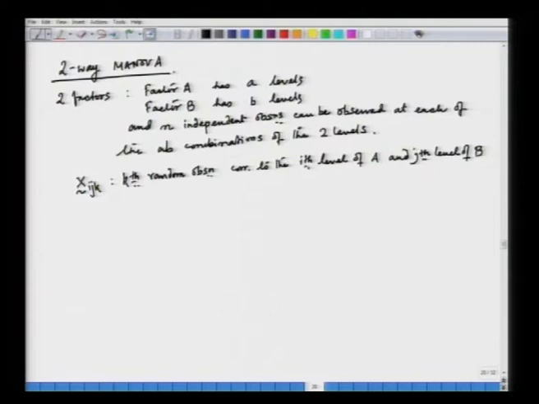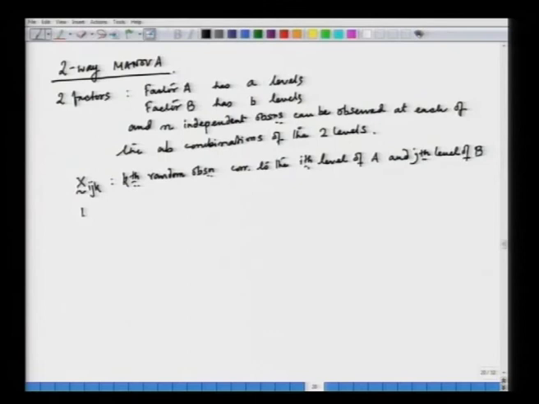I know that i goes from 1 to A, because there are A levels of factor A. Then j goes from 1 to B, because there are B levels of the second factor B, and k goes from 1 to n, because for each of the AB combinations I have n independent observations.